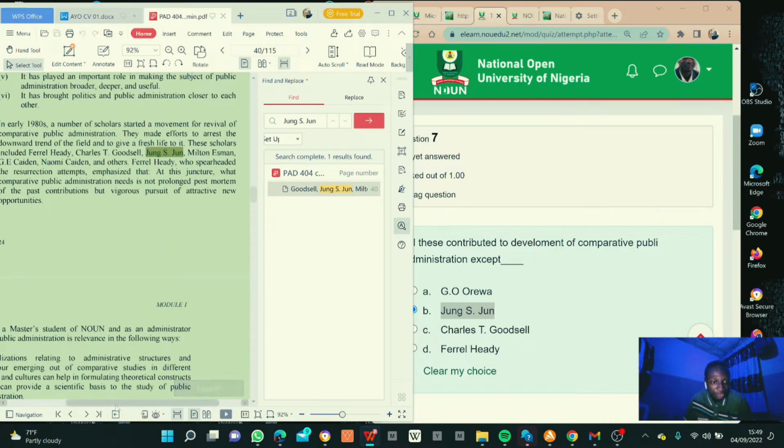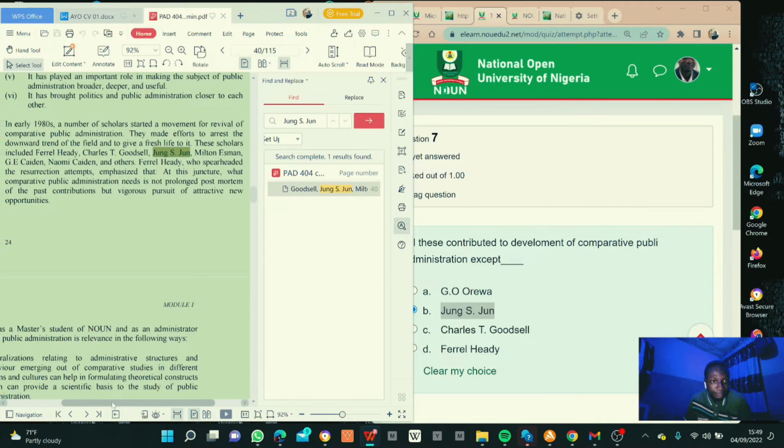Okay, let's just go through this quickly. I'm reading from here. In the early 1980s, a number of scholars started a movement for revival of comparative public administration.